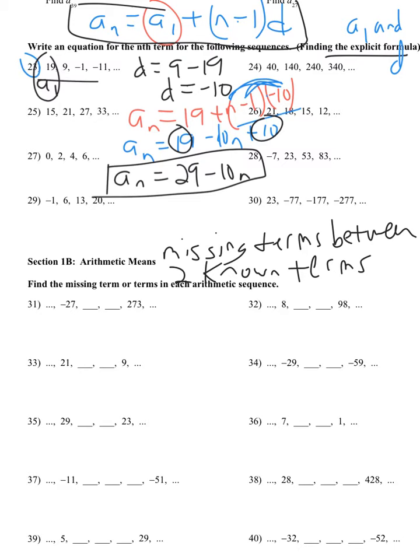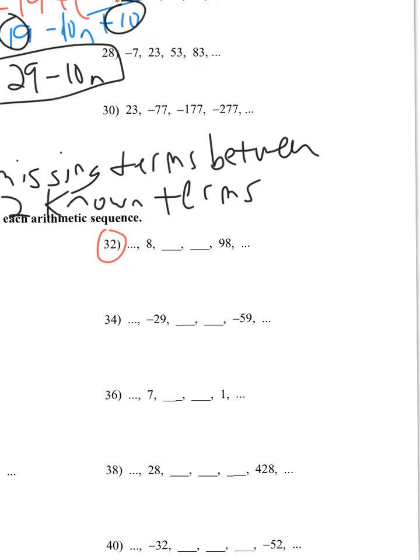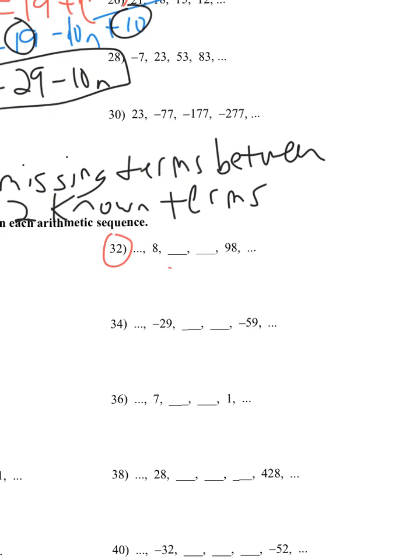Sometimes that could be 2 terms, sometimes it could be 3 terms, whatever. Now I've got some hints on your reference sheet about finding the arithmetic means, but we're going to look at number 32 right here. So let me move this over. So notice I've got 8, and then I've got these 2 blanks right here, and then I've got 98.